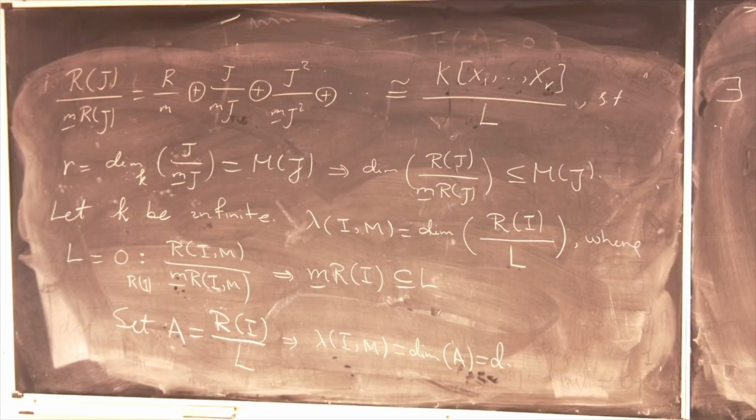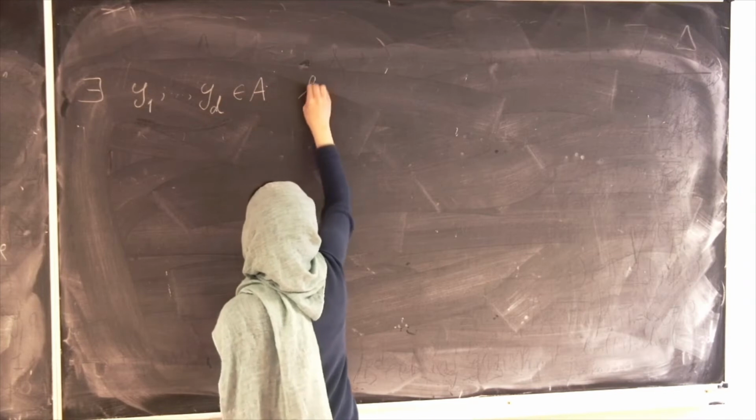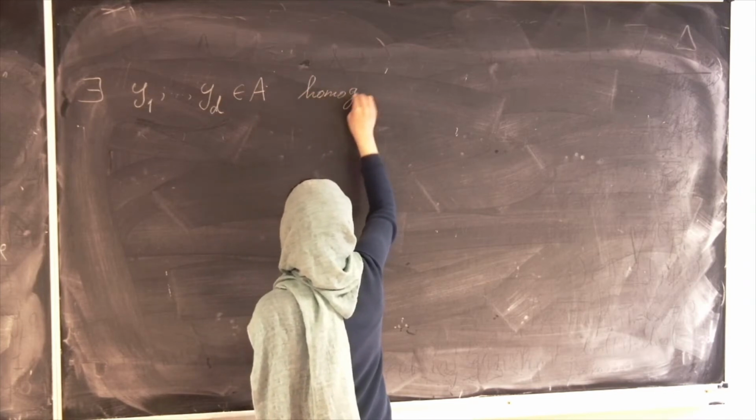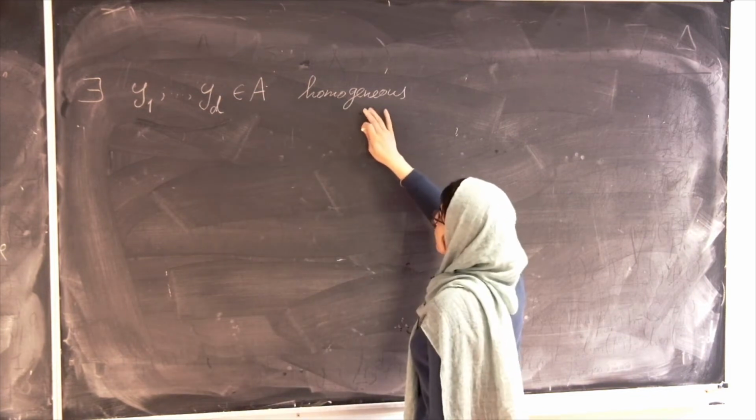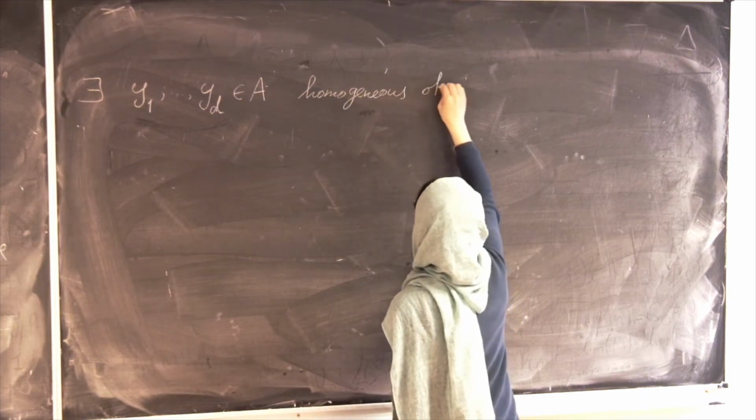So, homogeneous, I mean when k is infinite, we can choose them to be of degree 1.